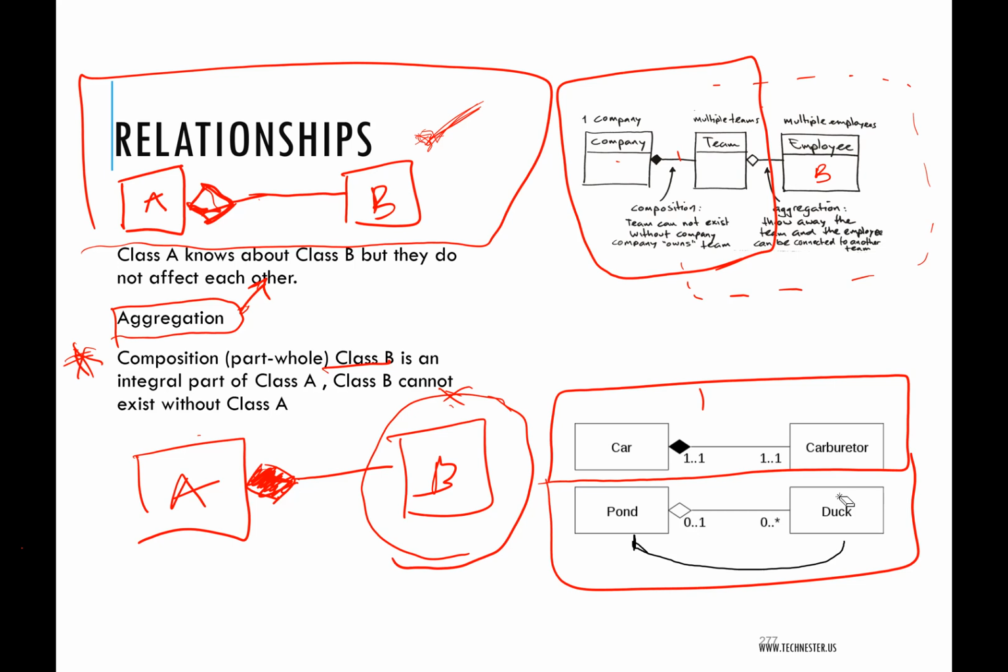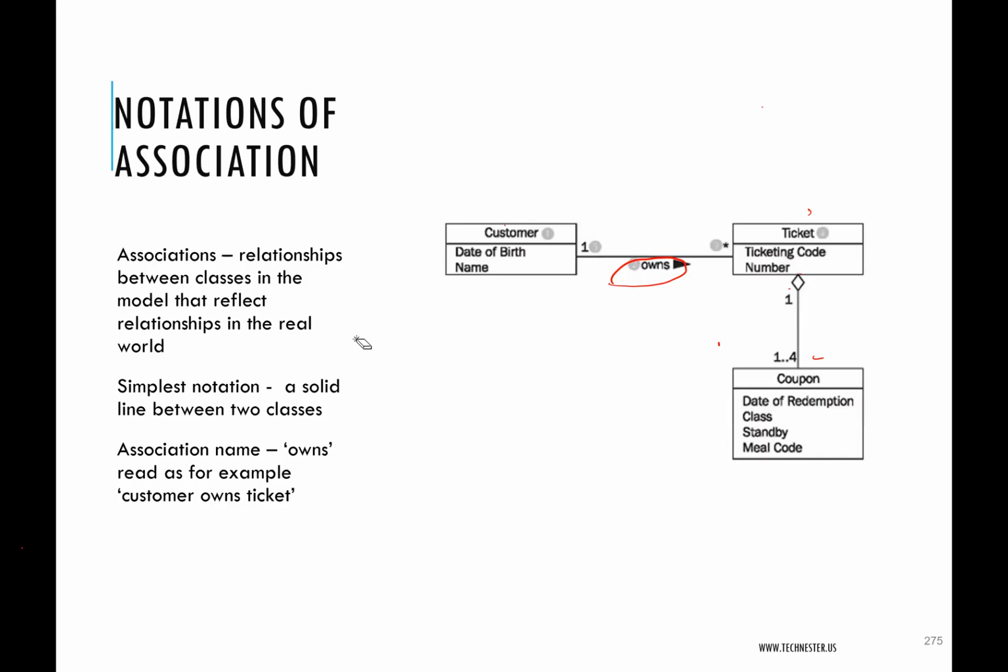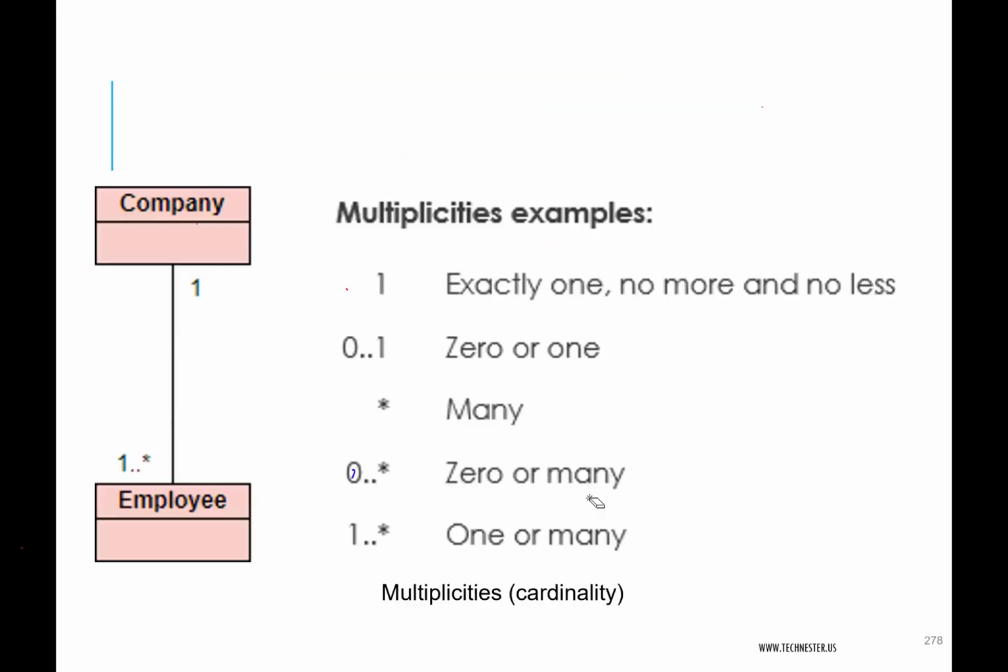So we understand the relationships, aggregation and composition. And then we understand the normal relationship of association. So now let's look at multiplicities or cardinality. People use these 2 words to describe the same thing.